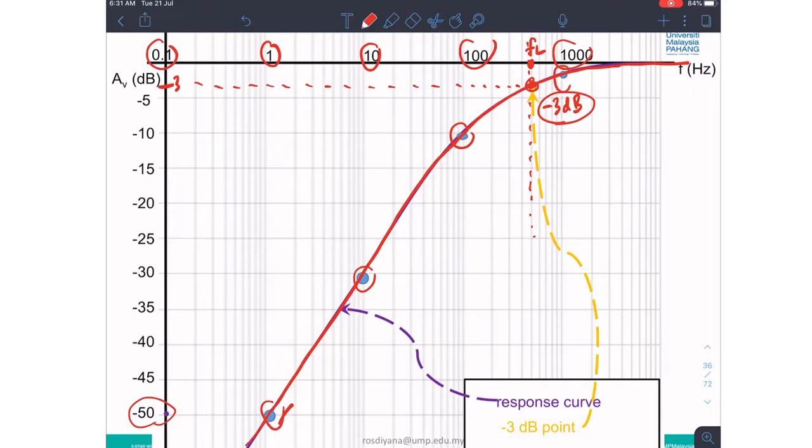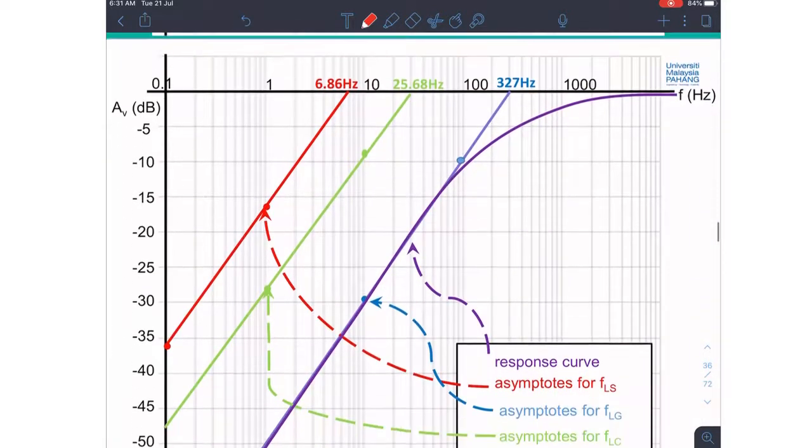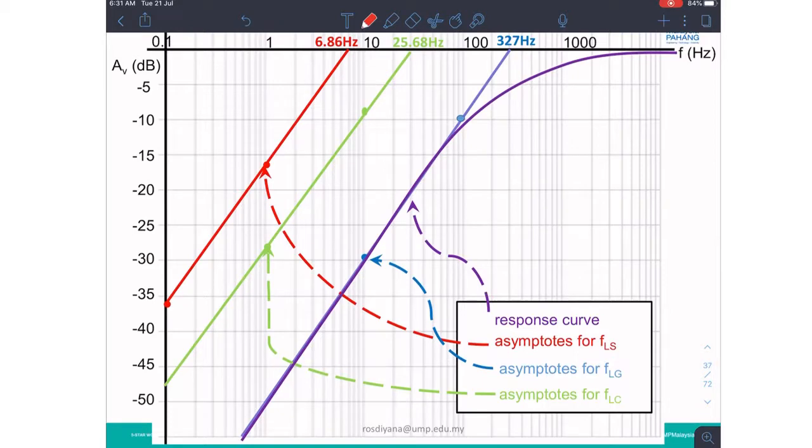So when I combine all this curve and asymptote, we get something like this. Previously we made these lines and then the curve. If you see, the asymptote for this one is the nearest. It shows that the actual response happens because of this frequency.